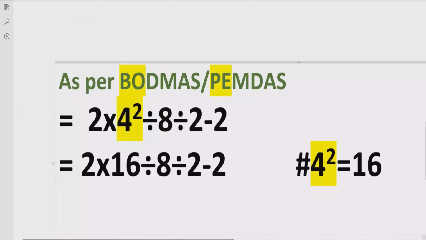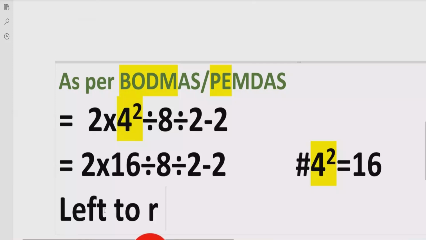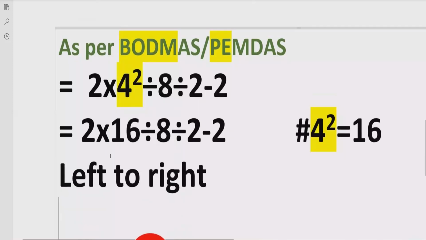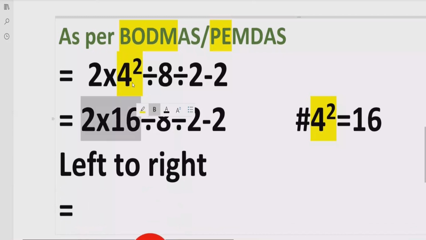Now move forward to step number 3 because we have solved all the exponent parts in this expression. In step number 3, we will go left to right in this expression and find out which is coming first. So first we have 2 multiplied by 16, which is equal to 32. So we will write 32, because according to the BODMAS and PEMDAS rule, you have to follow left to right and find out which is coming first.